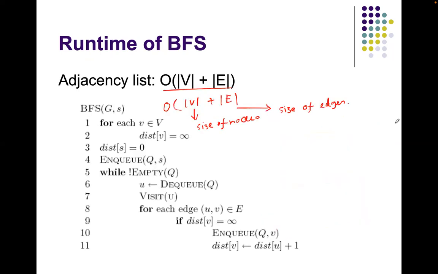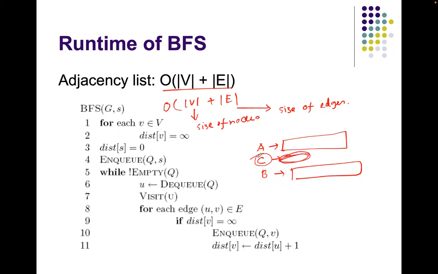But in the adjacency list, we know how many nodes are adjacent to A, and how many nodes are adjacent to B. If node C doesn't have any adjacent nodes, the list will be empty, so we do not have to traverse anything for node C because its list is empty.